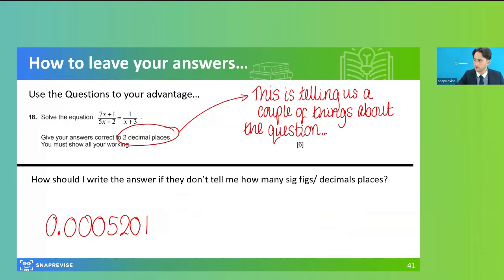So significant figures deal with the magnitude of the number. The first significant figure here is the 5. Then that's the second, the third, the fourth significant figure. So these zeros are not significant. That's why significant figures are better, because they acknowledge the very small nature of the number. Okay, so great question.